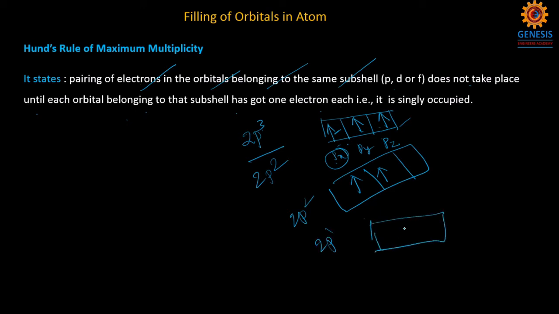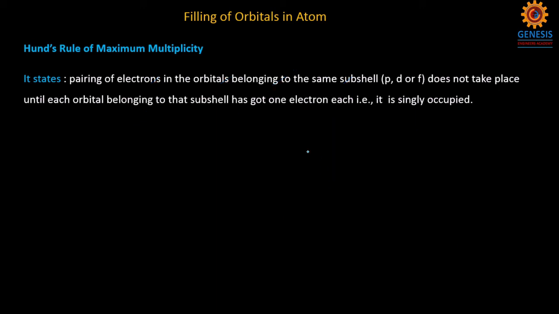If it is 2p4, first you have to fill up all three with a single electron, then come back and pair up, starting with the first one. So the order is x, y, z. This is Hund's rule. According to Hund's rule, each orbital of the subshell should have one electron first.